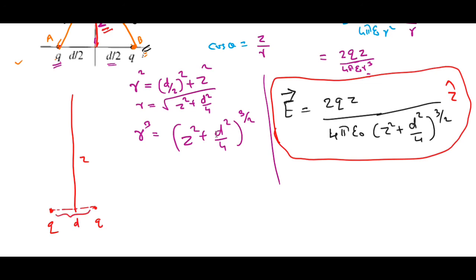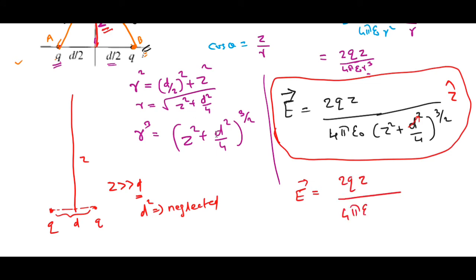If z is very much greater than d, d is very small, therefore d square can be neglected. Therefore, the electric field will be 2qz divided by 4 pi epsilon 0 times z square plus 0, to the power 3 by 2.